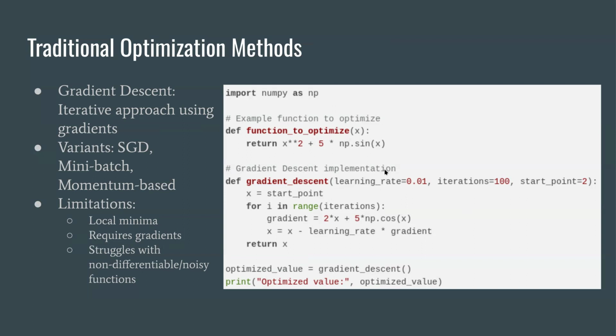We can see that gradient descent has parameters learning rate, iteration, and start point, and it's just going to keep iterating until it finds the optimal value.